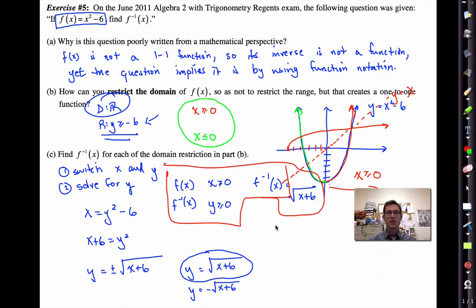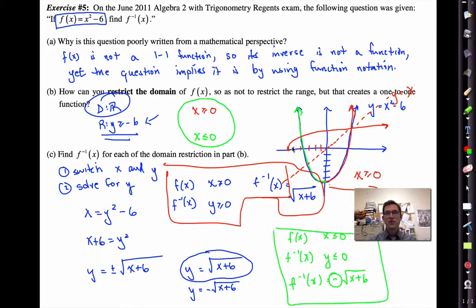All right, obviously green is going to be the other one, but if I have a function and I restrict its domain to being x less than or equal to 0, what that's going to do is restrict the range of its inverse to be y less than or equal to 0. And the correct formula for that will be negative root x plus 6, right? Because this only has negative outputs to it.